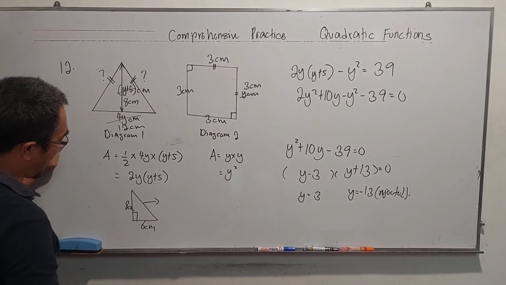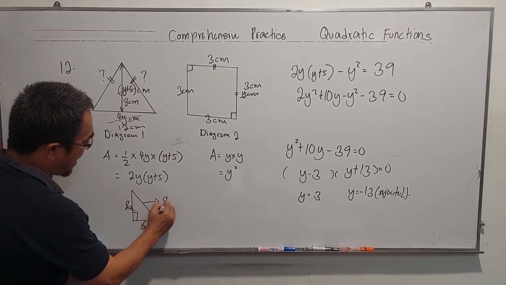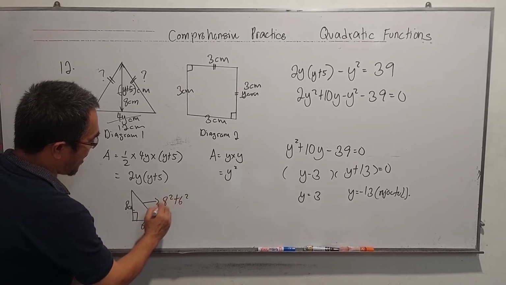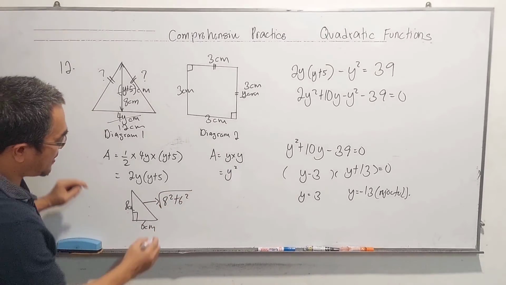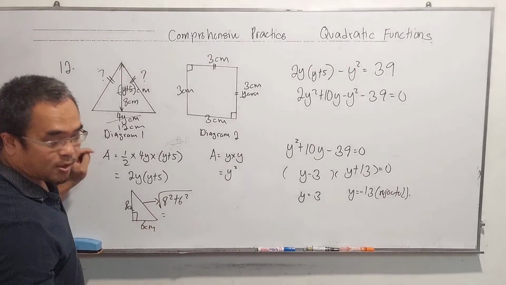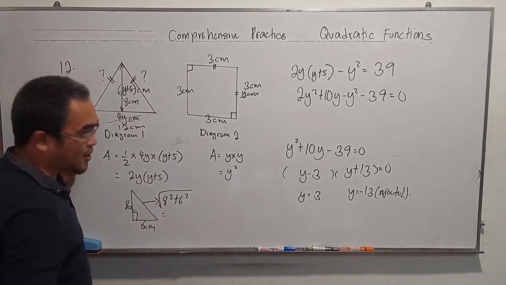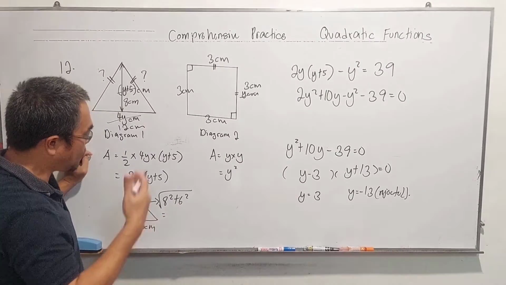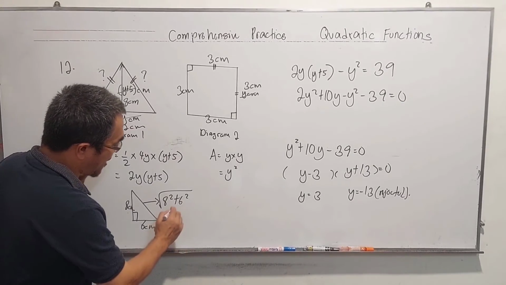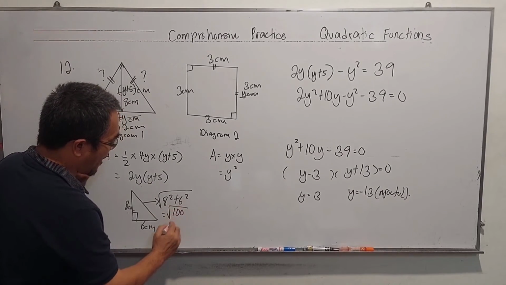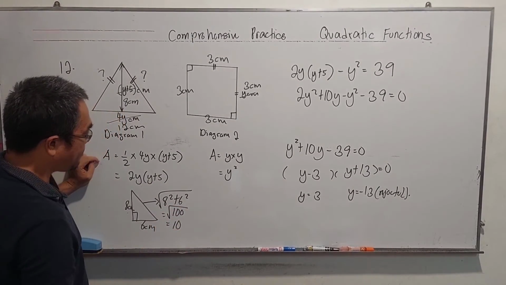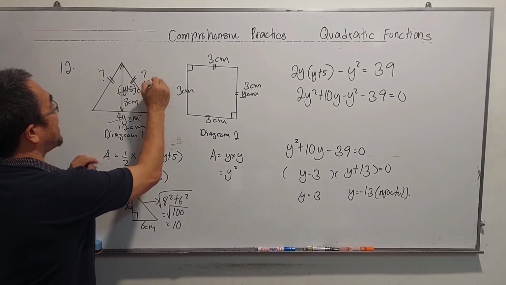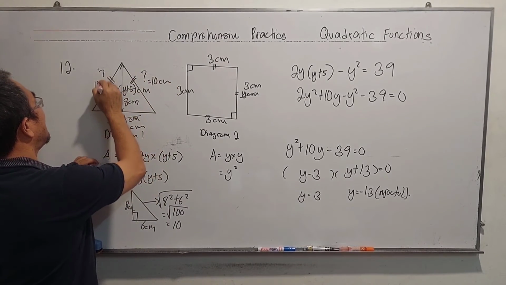To calculate the hypotenuse, it will be the square root of 8 squared plus 6 squared. So 8 squared is 64, 6 squared is 36. 64 plus 36 is 100, and the square root of 100 is 10. So here will be 10 centimeter, 10 centimeter.